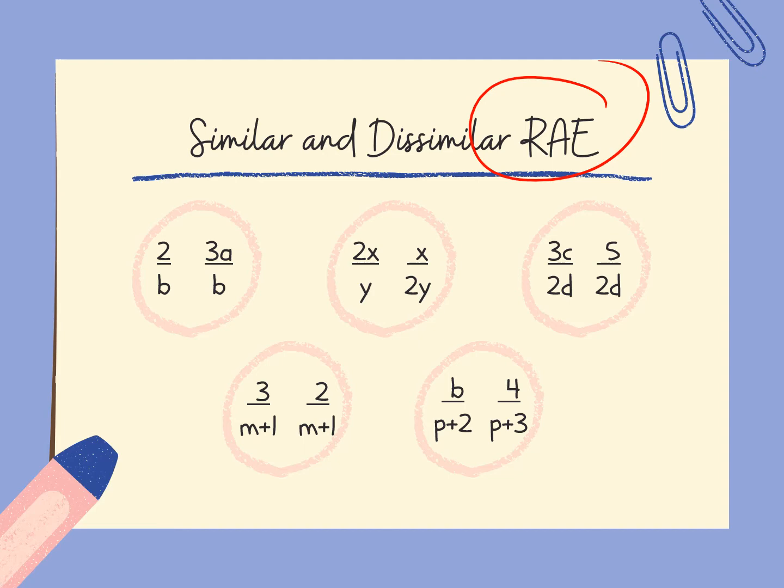For example, we have 2b and 3a over b. These two fractions are similar because they have a common denominator, which is b. Next we have 2x over y and x over 2y. This one is dissimilar. How did they become dissimilar?